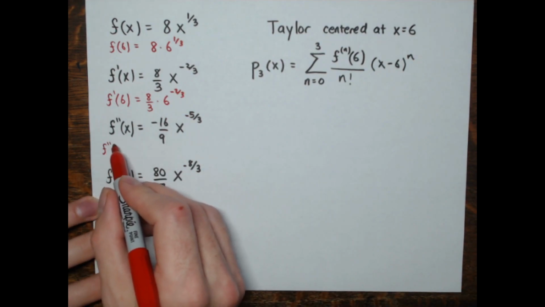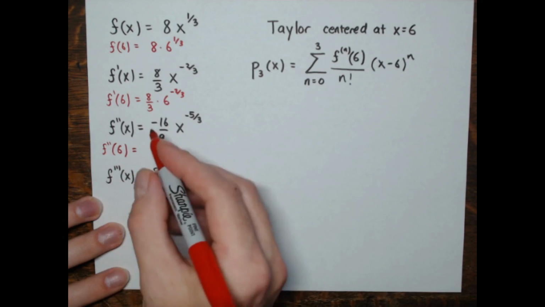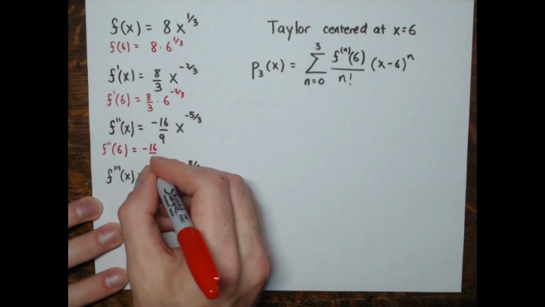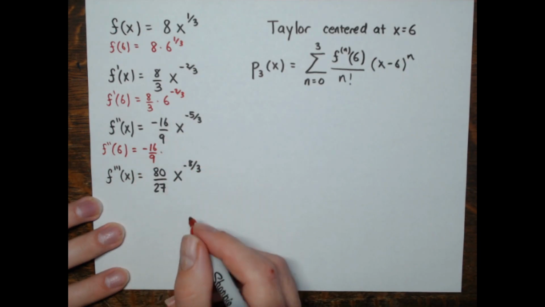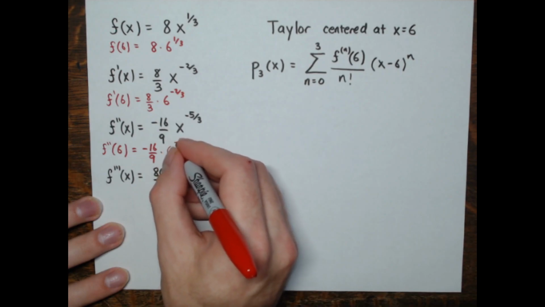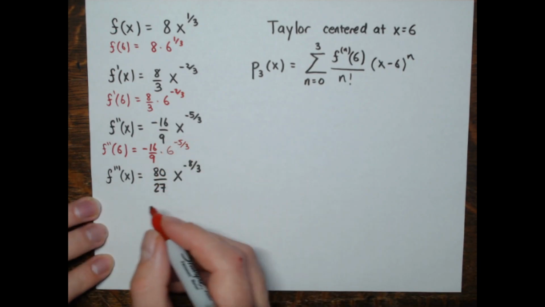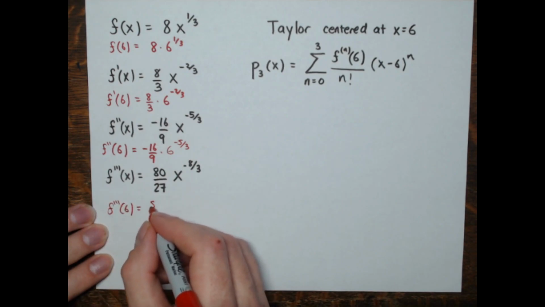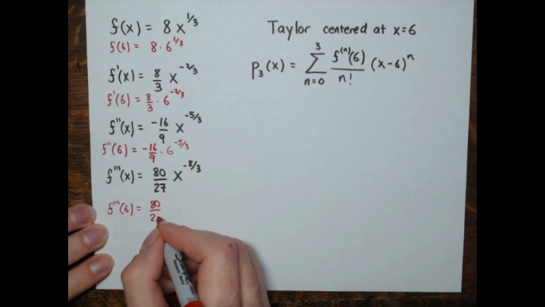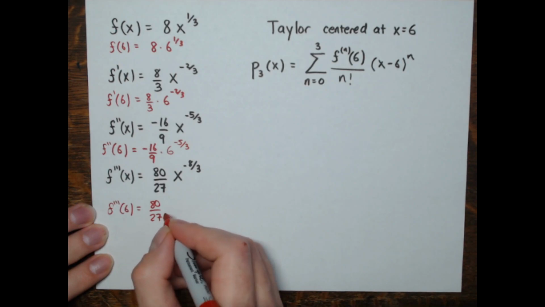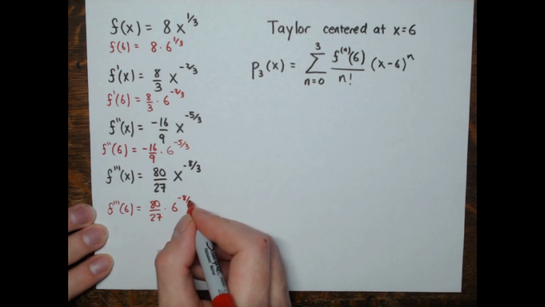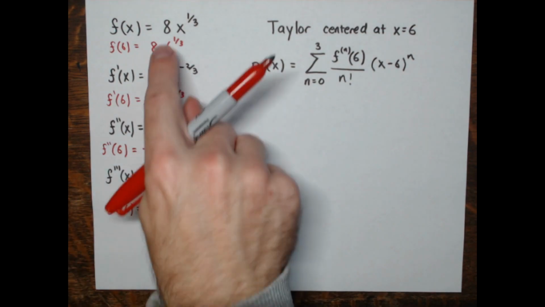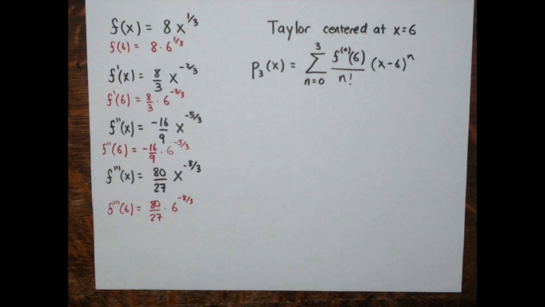The second derivative at 6, even though it's ugly, negative 16/9 times 6 to the negative 5/3. And then the third derivative at 6, the 80/27 times 6 to the negative 8/3. So again, I'm just going to write those.